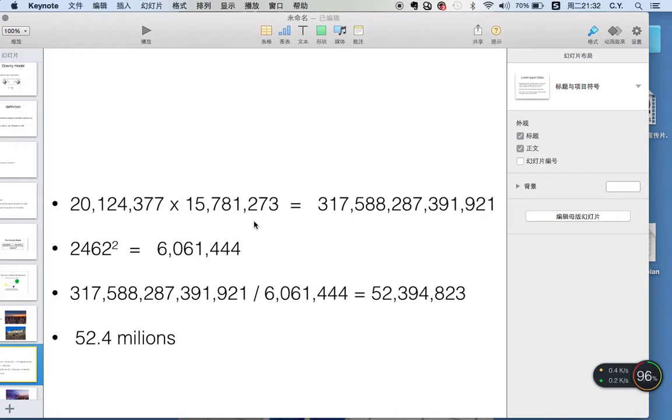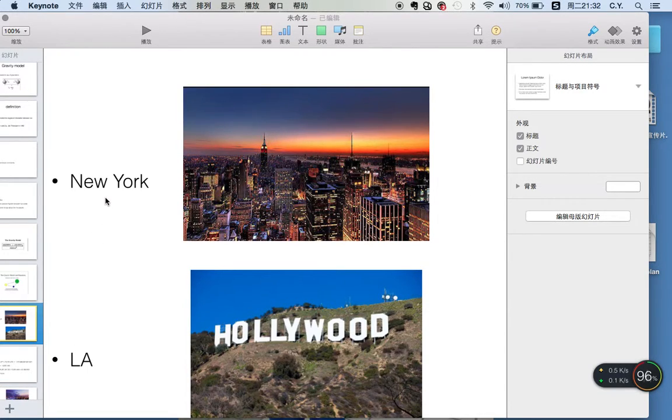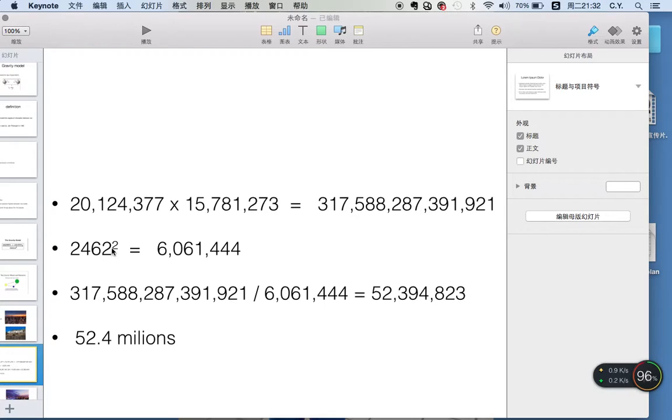We multiply them together to get a very huge number, and this is the distance between New York and Los Angeles. We square it to get a huge number, and then we divide, and come out with the gravity number, which is about 52.4 million.